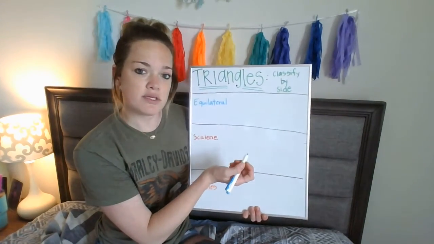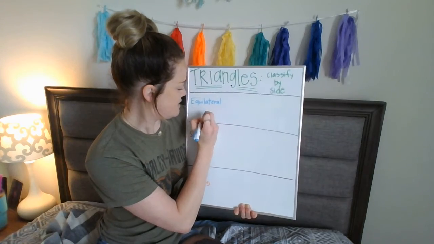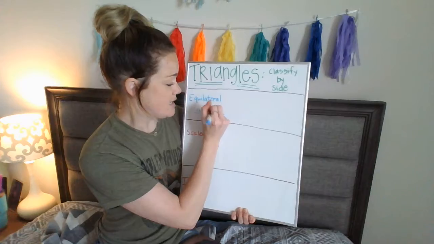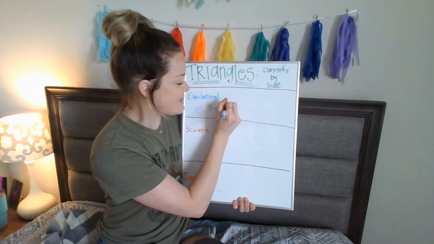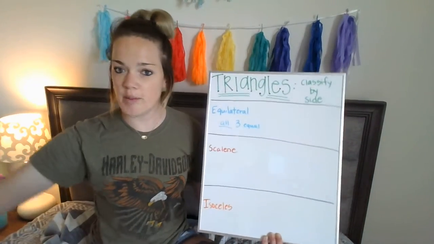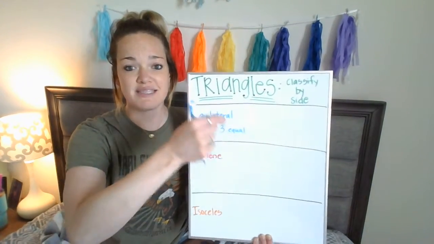Equilateral triangles, what that means is that all of their sides, and if it's a triangle, that means all 3 of their sides are equal. They are the same exact length. So if you were to take that triangle apart and lay those sides on top of each other, they would be the exact same size.